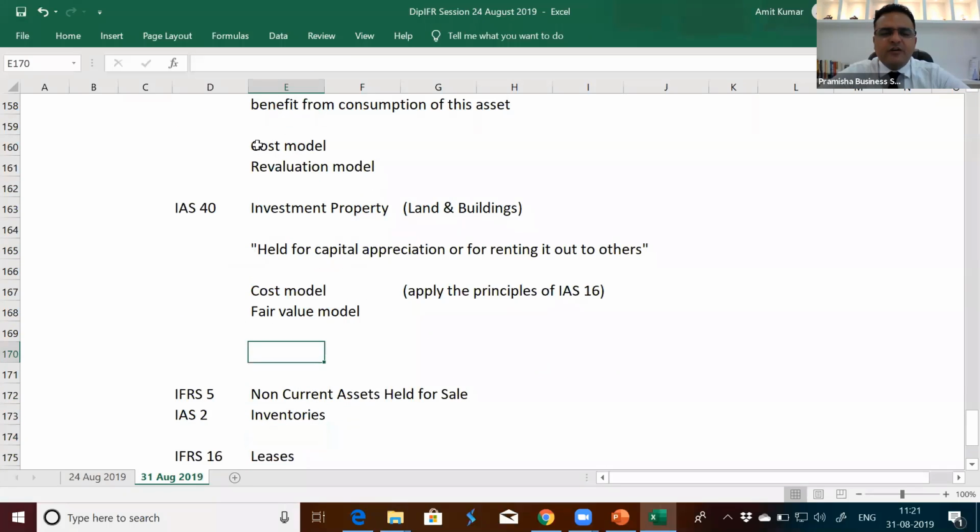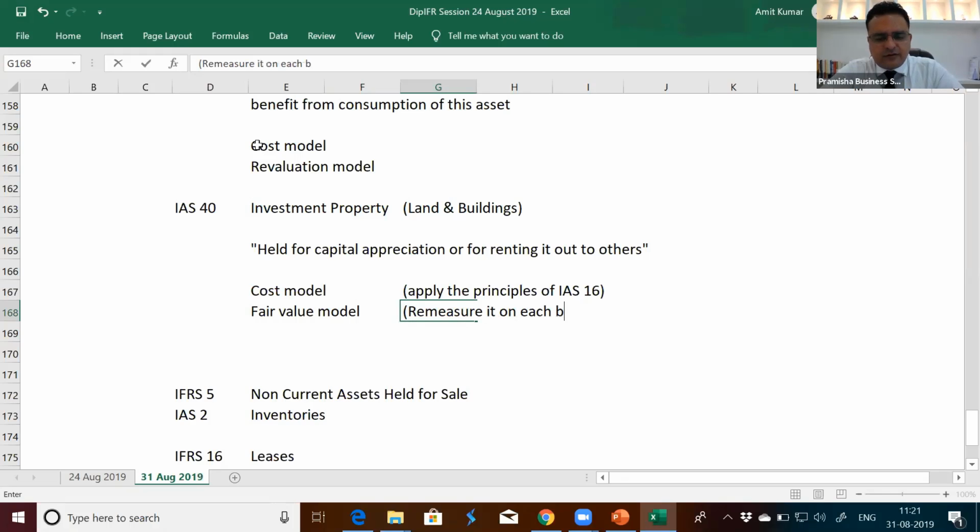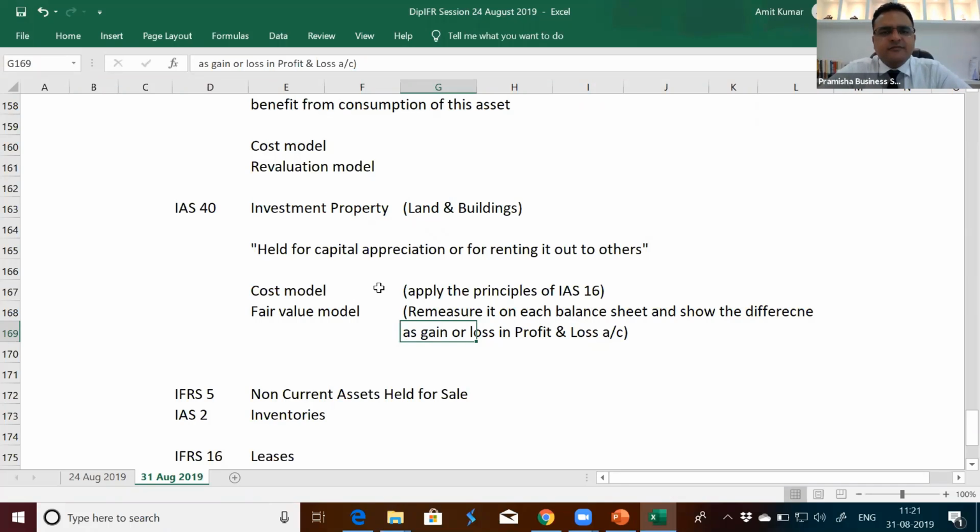When you're using the fair value model, it is slightly different. Fair value model means we'll remeasure it on each balance sheet date and show the difference as gain or loss in the profit and loss account. Is this clear? We'll show the difference in the P&L account. That's the basic difference between the cost model and the fair value model.